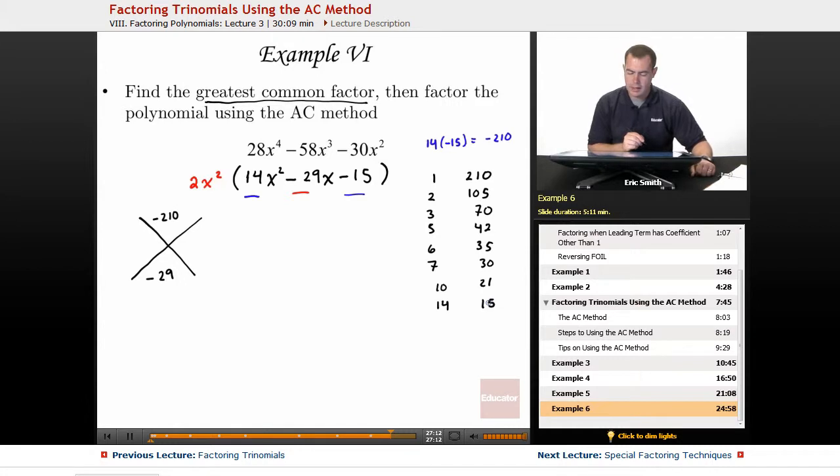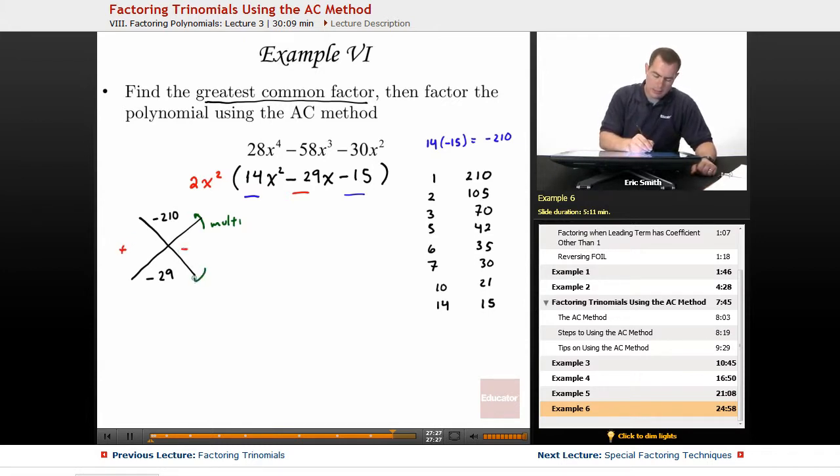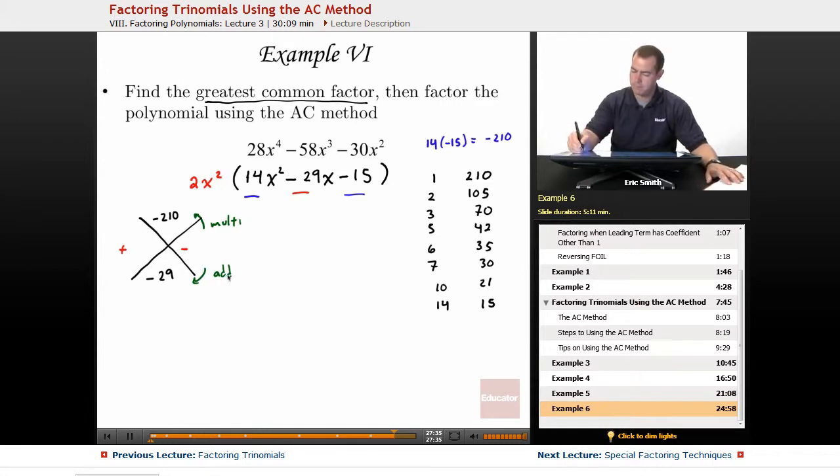Okay, now that I have a list of a bunch of different numbers, they need to multiply to give us a negative 210. That means one of these numbers will be negative, and one of them will be positive. They will add to be a negative 29, so I know the larger number must be a negative. It's the only way we'll get a negative 29 when adding. Okay, comb over the list very carefully.